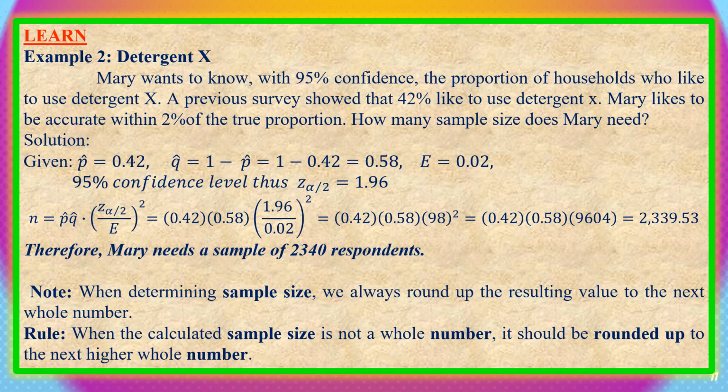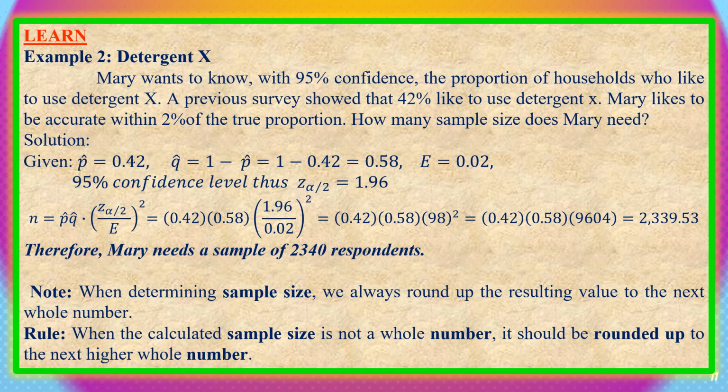So substituting the given to the formula, which is p hat times q hat times the quantity squared of Z sub alpha over 2 over E, that will give you 0.42 times 0.58 times the quantity squared of 1.96 divided by 0.02. So with that, you would have 0.42 times 0.58 times 98 squared.